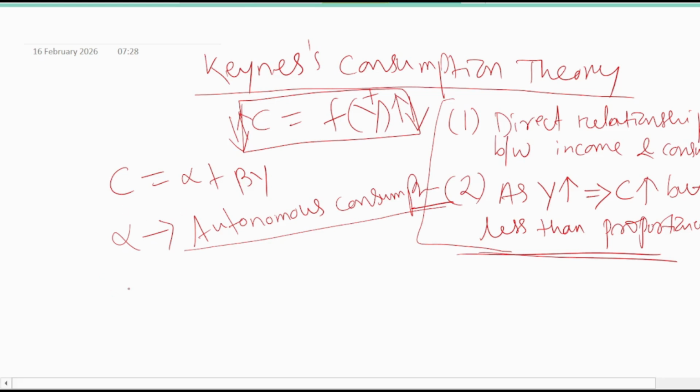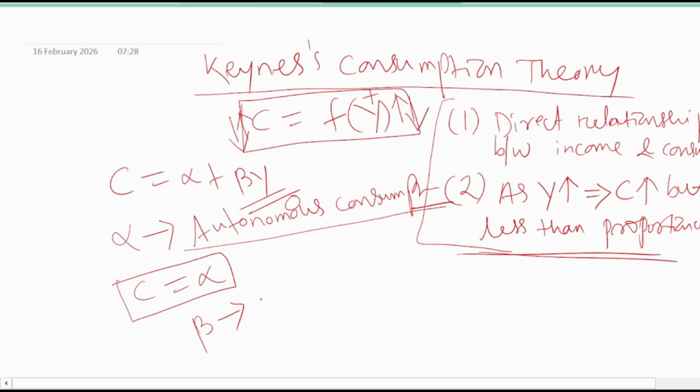So even if the disposable income is equal to 0, C will be equal to alpha. That means when the person has no income, he will be consuming alpha amount of goods and services, that is the autonomous consumption. What about the beta?